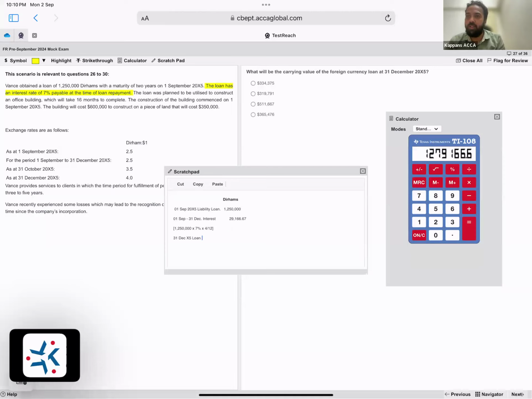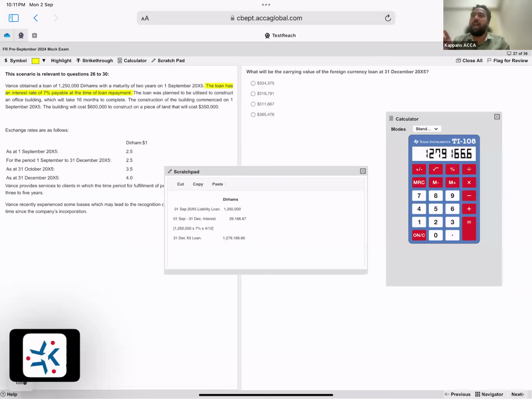So the loan which has to be shown as a liability at 31st December is 1,279,166.66. Now this is in dirhams. We have to convert this into dollars. For that, we have to identify whether it is a monetary or a non-monetary item.